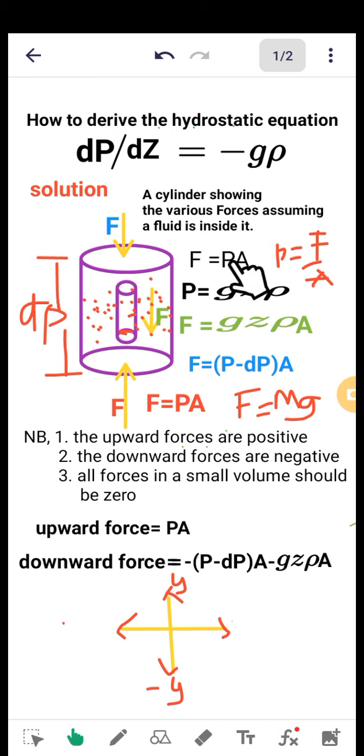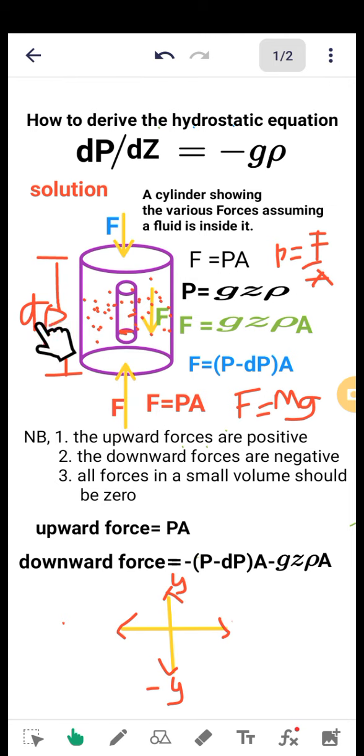We all know that this is a cylinder. So I used a cylinder to derive our hydrostatic equation. So assuming a fluid is found within this cylinder or cylindrical shape, there are three forces: the one with the blue color, the one with the green color, and also the one with the red color.